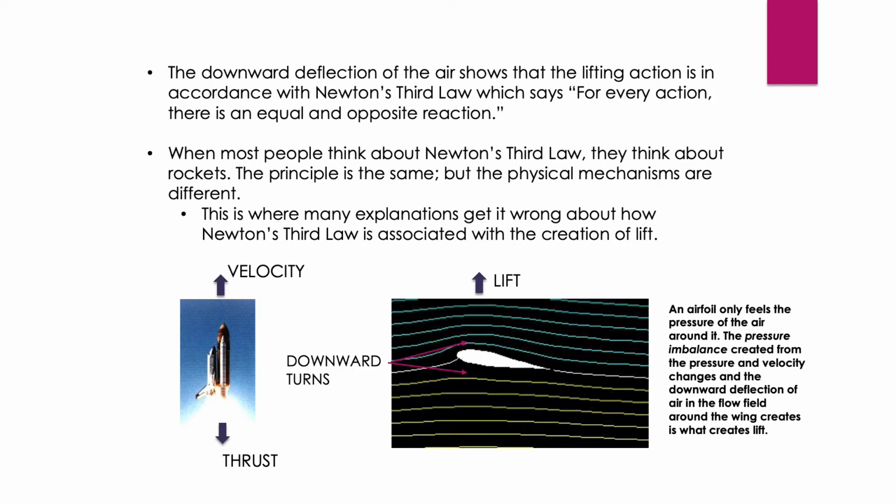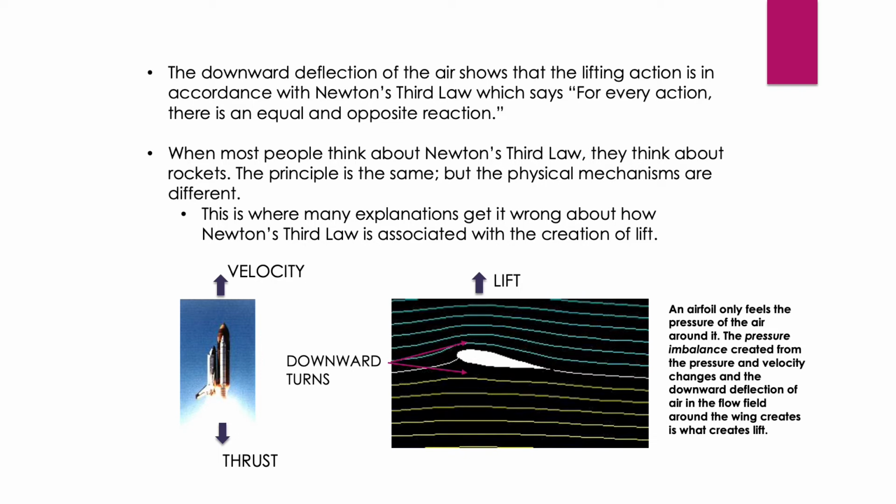The problem is, and the reason we're seeing a lot of explanations that are incorrect, is we all grew up in the space age. And how do you explain rocket engines? Well, you explain rockets and how they work by Newton's third law, blowing up a balloon, letting it go.